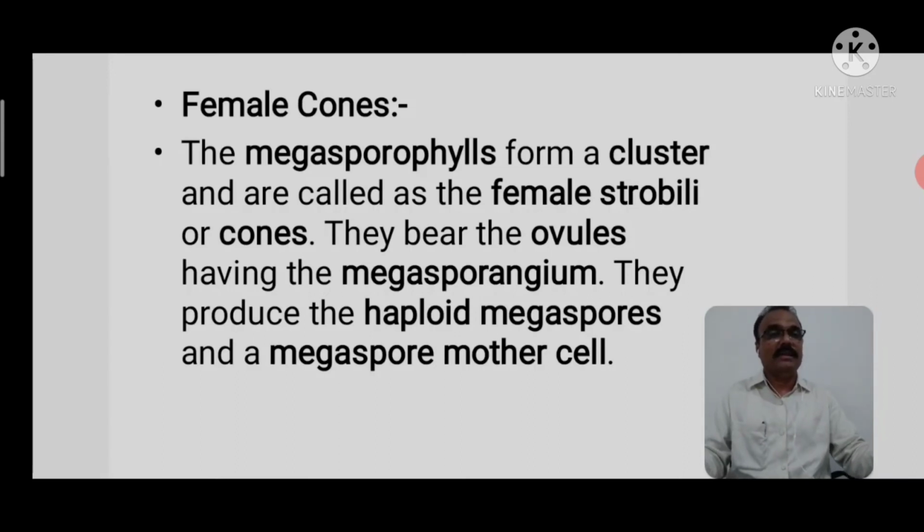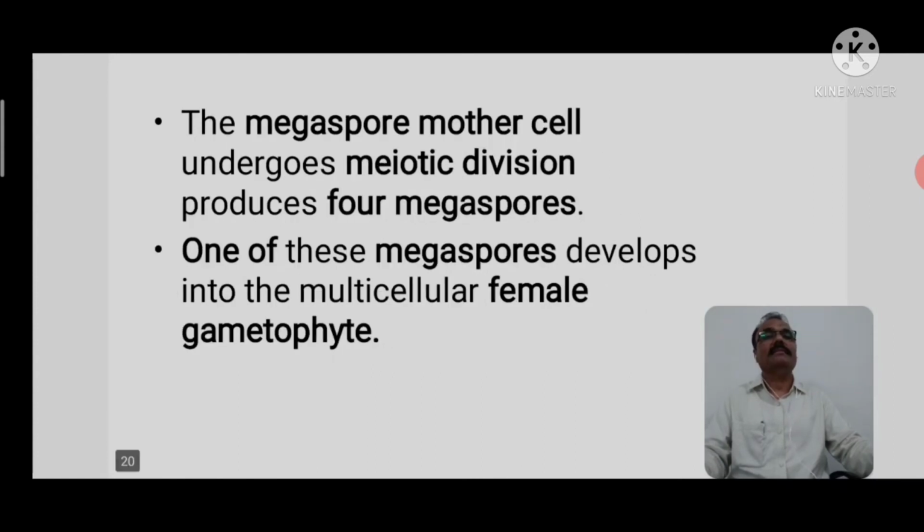Female cones. The megasporophylls form a cluster and are called the female strobili or cones. They bear the ovules having the megasporangium. They produce the haploid megaspores from a megaspore mother cell. The megaspore mother cell undergoes division to produce 4 megaspores.